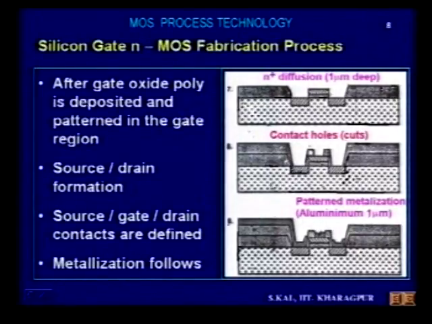And substrate, you can take one contact from the top, so that substrate and source are connected together, and it is grounded normally. Gate terminal you apply certain voltage, and drain you collect the carriers. You will get drain current. So this is the simplest possible process sequence of fabricating NMOS transistor.